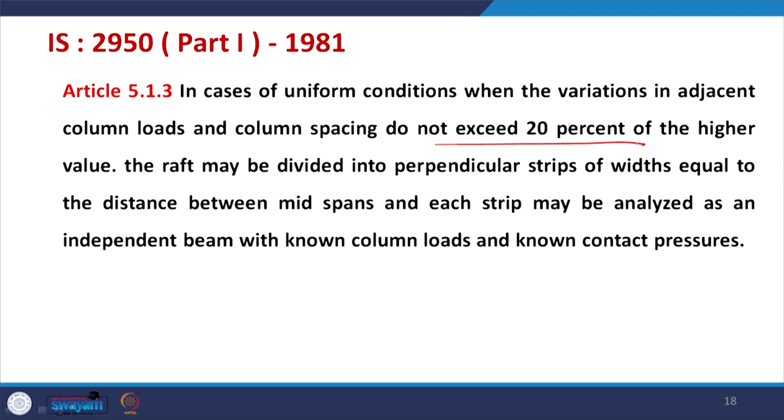So the problem can be simplified if this condition is met: the variation in adjacent column loads and spacing does not exceed 20%. You pick up the maximum value, and the difference should not be more than 20%. Then we can go for this method and analyze each strip as an independent beam with known column loads and known contact pressures.